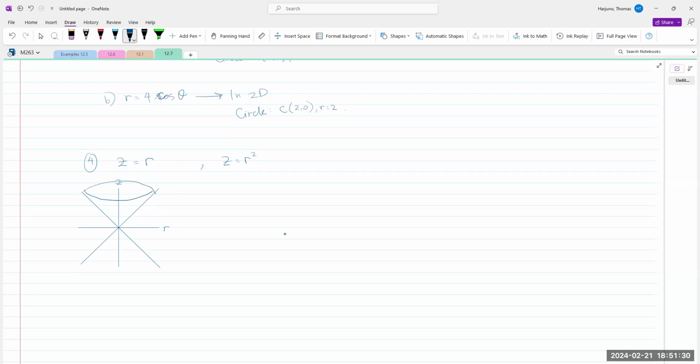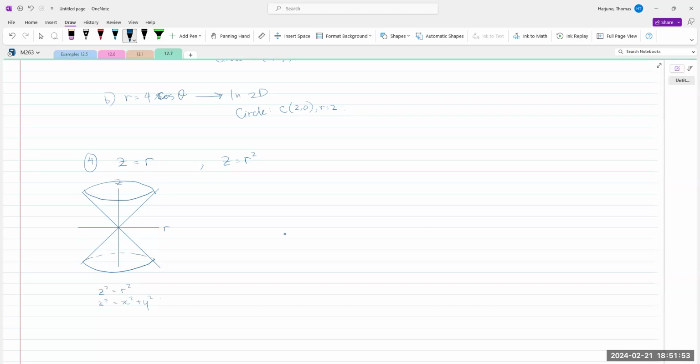To be more precise, it's actually a bicone. How do you get that? Well, because z squared equals r squared, and that makes it z squared equals x squared plus y squared. As we learned before, that's actually a cone.